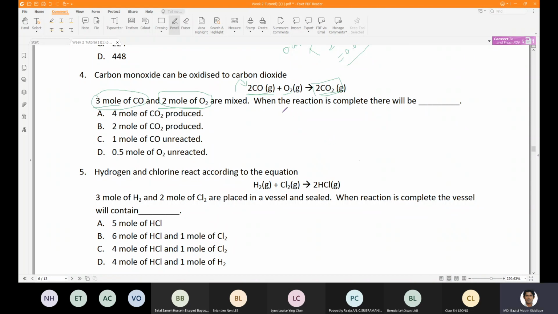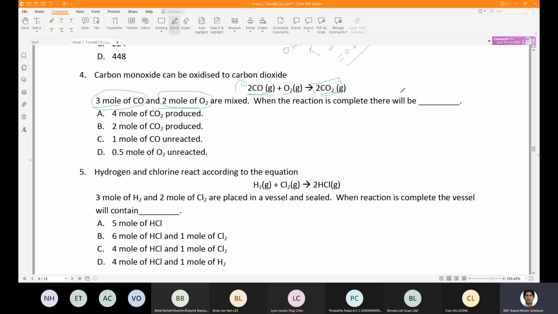The one that finishes earlier is the limiting reactant, and the one that does not finish stays in the reaction vessel because the other party has been finished already. That is the excess.